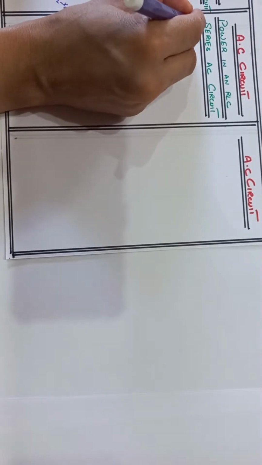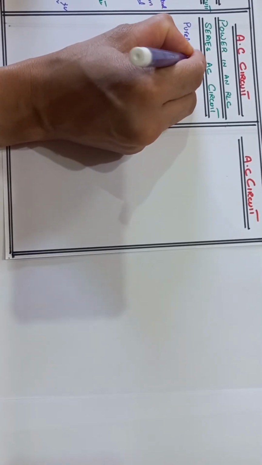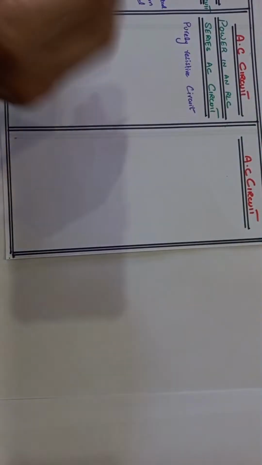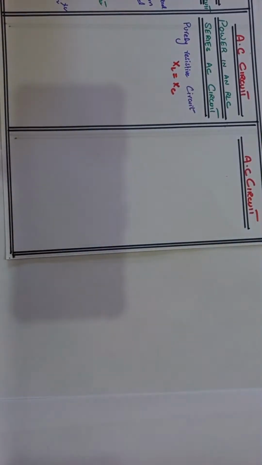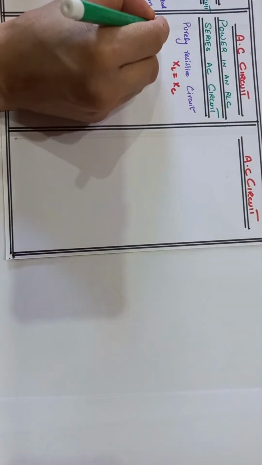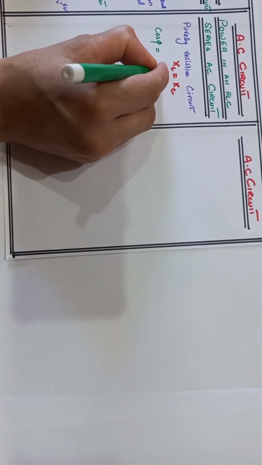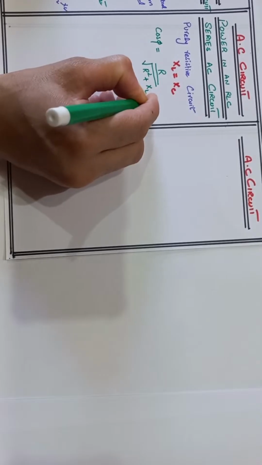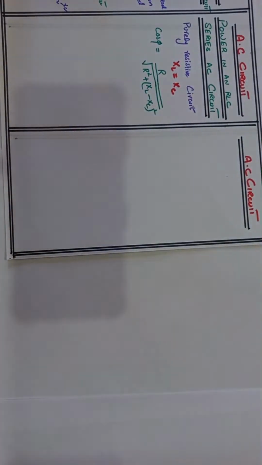Purely resistive circuit is when XL is equal to XC. Then cos phi is equal to R over the square root of R square plus (XL minus XC) whole square.